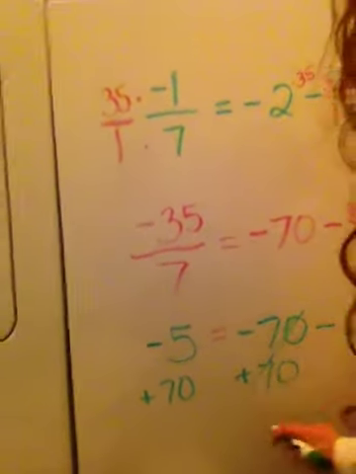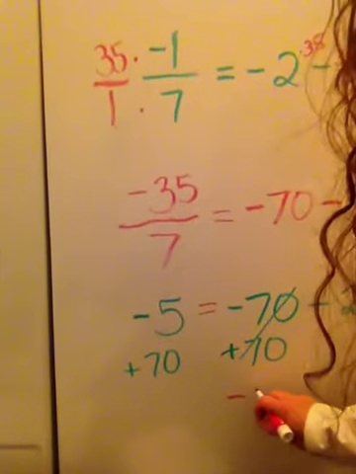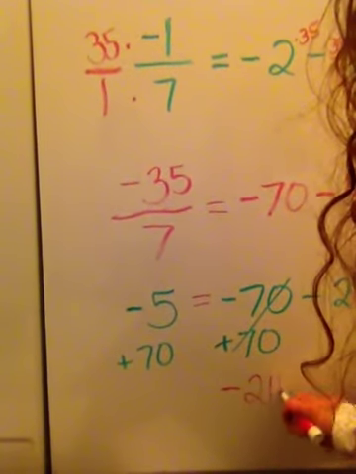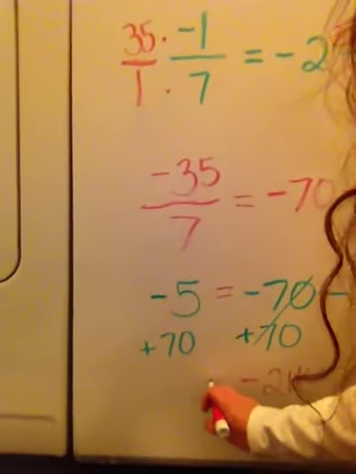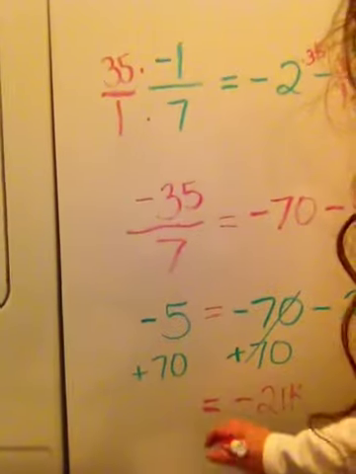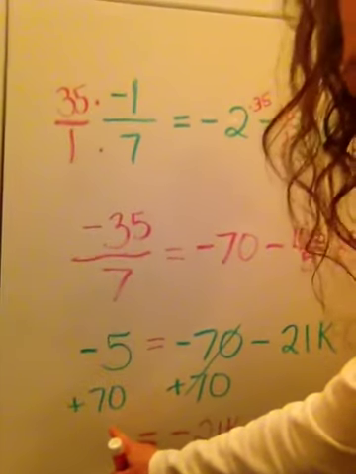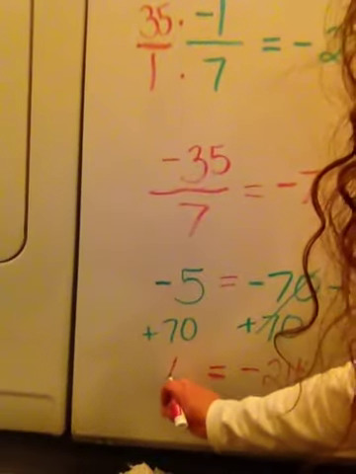Those are gone, so I'm left with negative 21k on this side equals, and then a positive 70 and a negative 5 together makes 65.